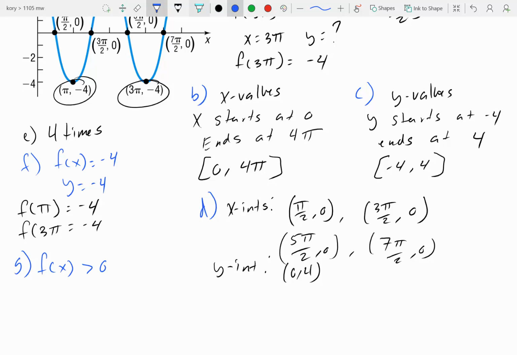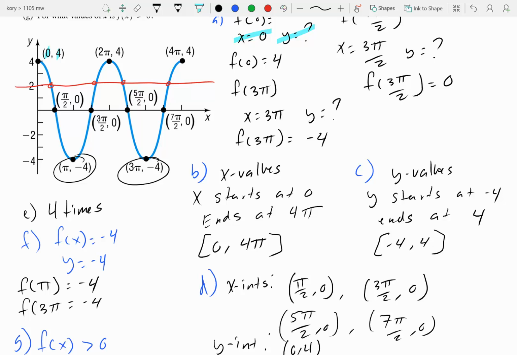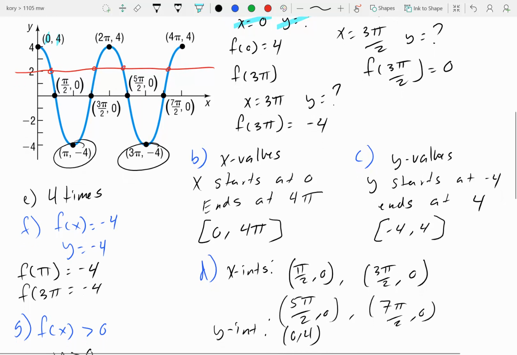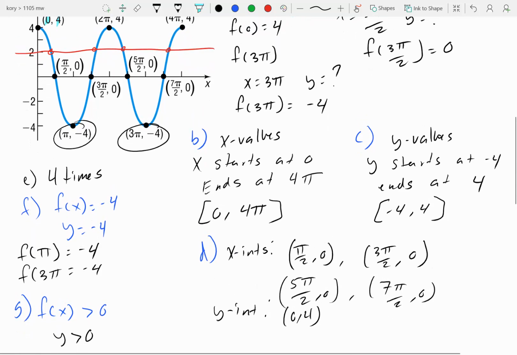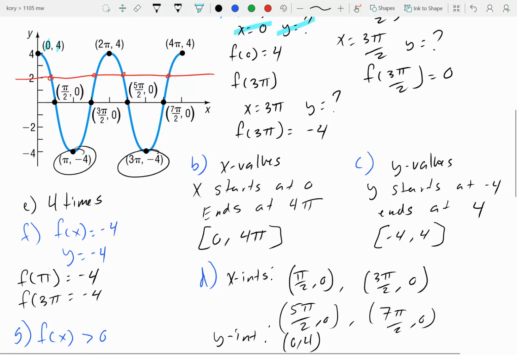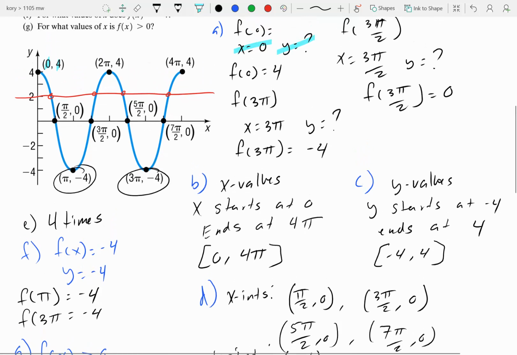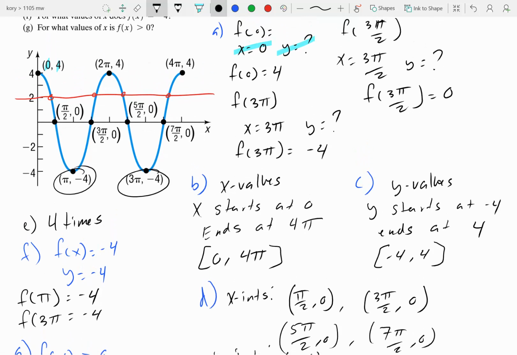And then G is asking us when y is greater than 0. So this is when y is greater than 0, what are all of the x's? So that leaves us with 0, if you see it right here, 0, 4, because the y is greater than 0, so we use it.